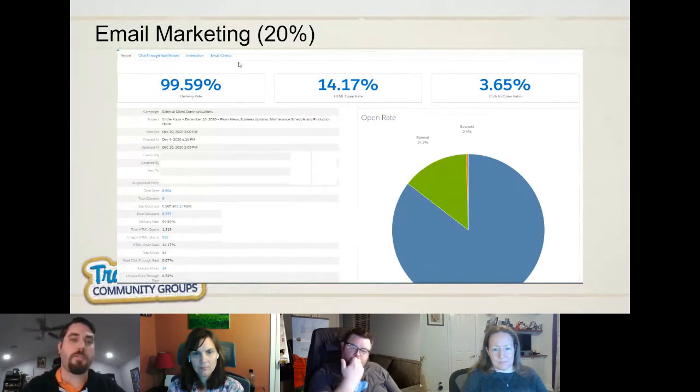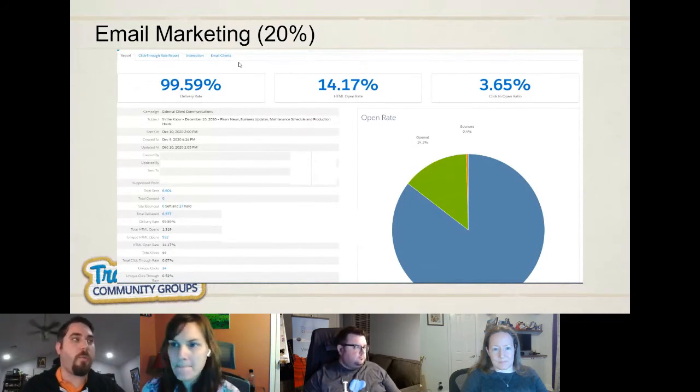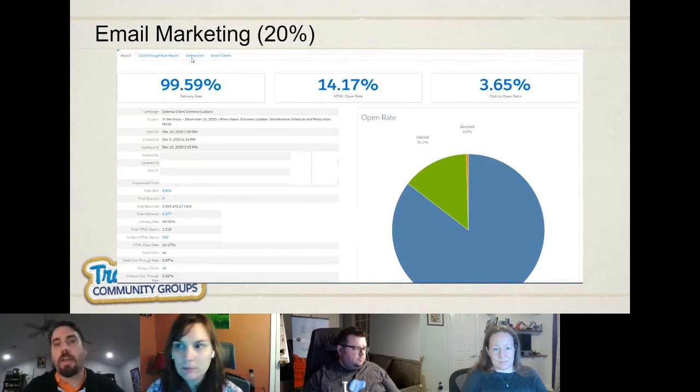But don't ignore the additional information in the other tabs up there, from how your clients are interacting with your links, to what email providers they are using. The interaction report shows you how many people have read, how many have skimmed, and how many didn't read.